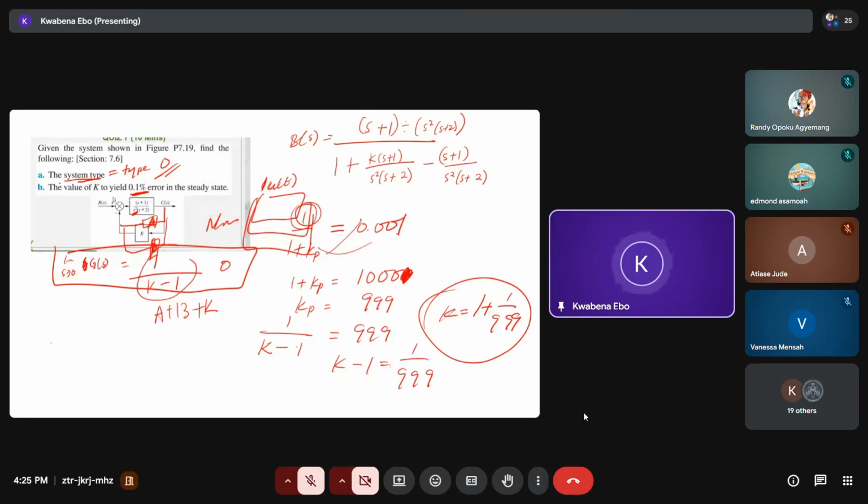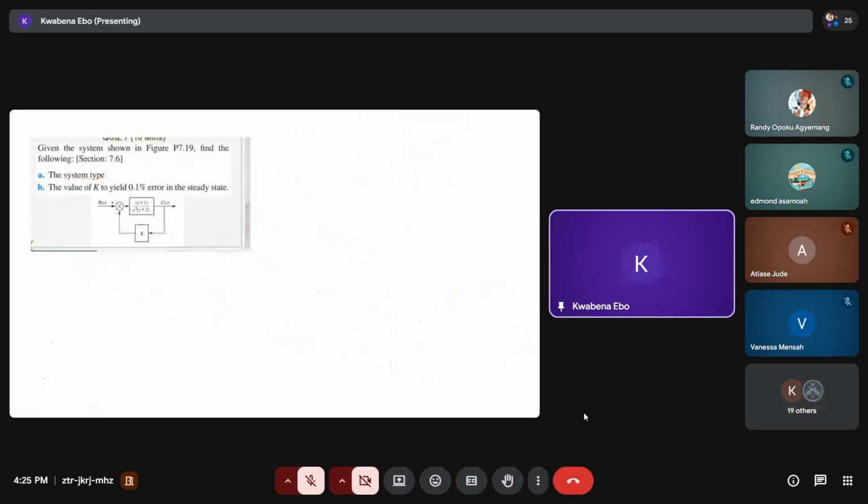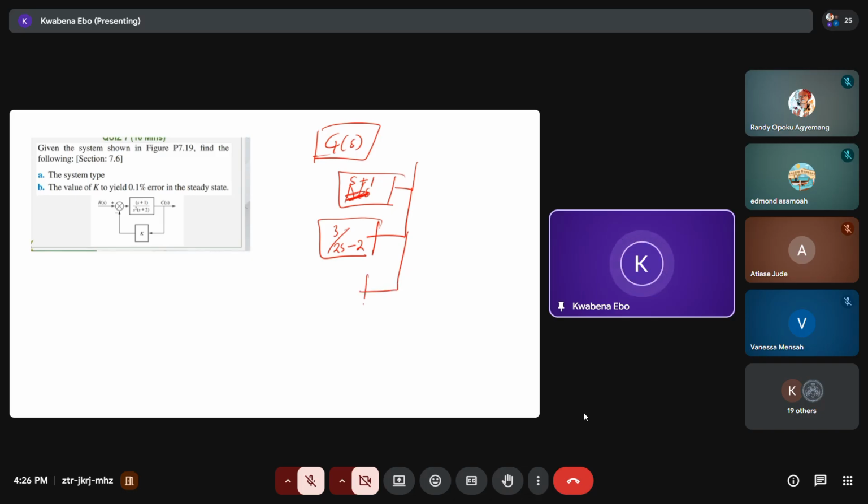Okay. So if I'm getting you correctly, let's say the G of s is there, and then let's say we have feedbacks A of s: s plus 1, another one 3 over 2s minus 2, and another one 5 over s squared.